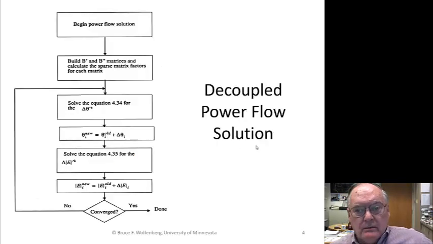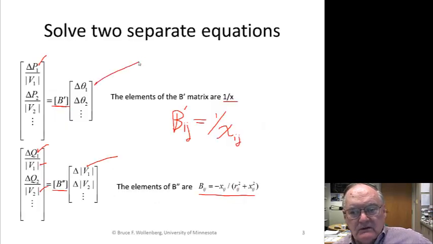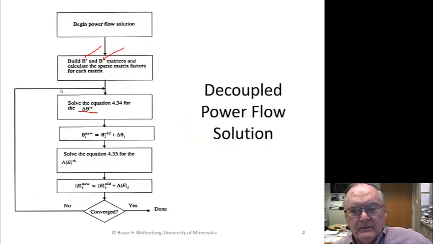So the solution: you build the matrices, and they're approximately n by n, and then you solve the equation for the delta thetas. Now that's this equation here. You solve this by inverting this matrix. Then you go back and you update.